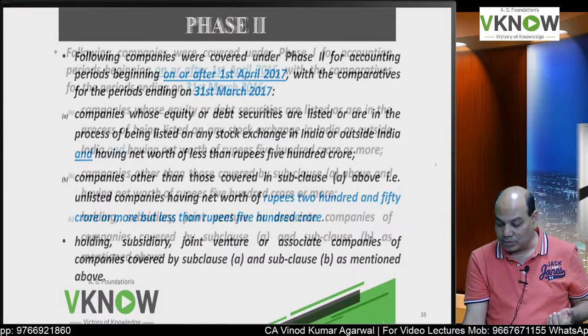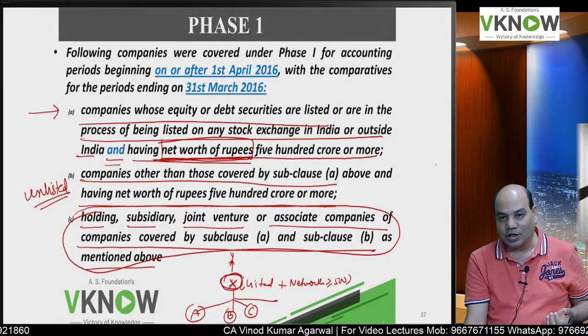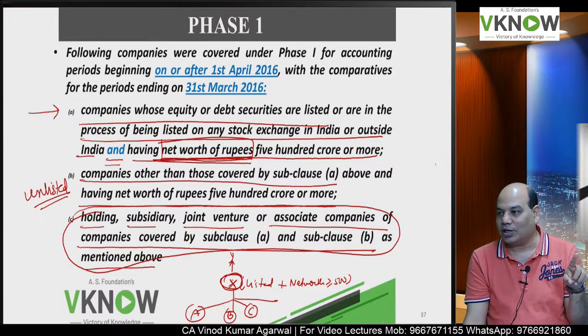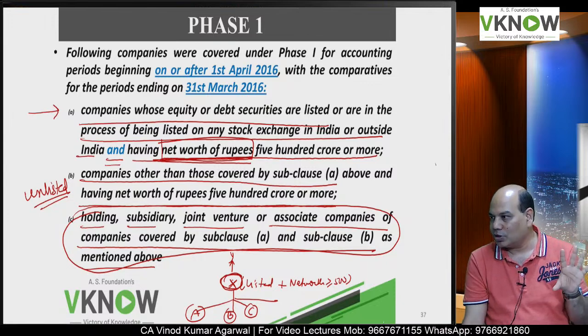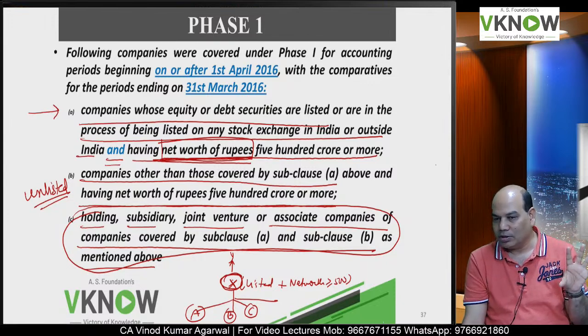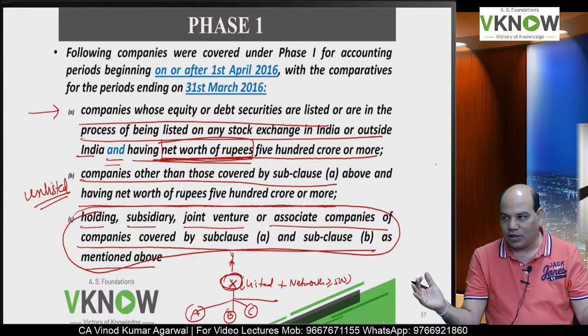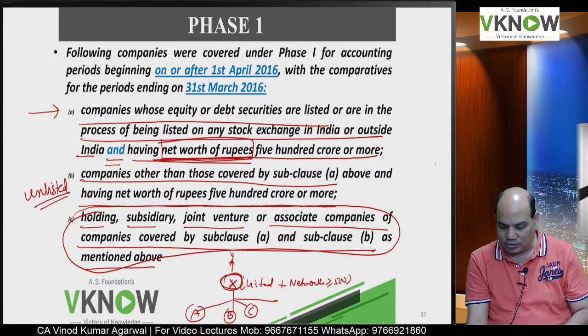Why do these companies have to follow Ind AS? Because in order to consolidate, all the financial statements which we are consolidating should be based on the same standard. On that we have a lot of questions also for the later part. If you are consolidating A and B, their financial statements should be based on the same standard. Is it right?